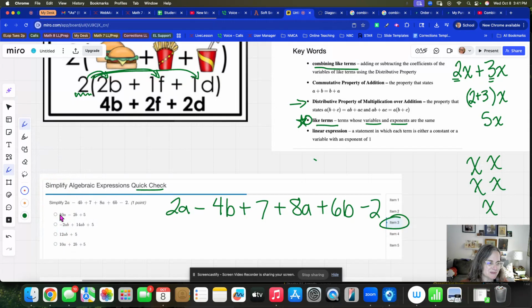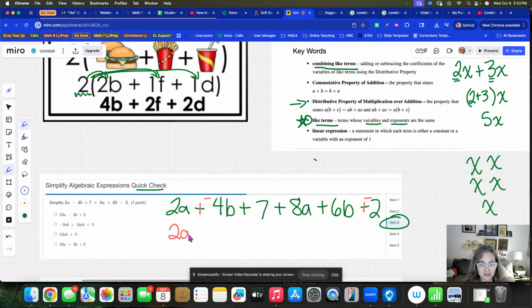Some people do this by just circling things, or maybe you could highlight things. That would be cool. Break out your highlighters. I'll show you that in a minute. But what the commutative property says is that I'm allowed, well, let me rewrite the minus as plus and negative. Okay, remember subtracting is the same as adding the opposite. Now that everything's addition, I'm allowed to add in any order I want.